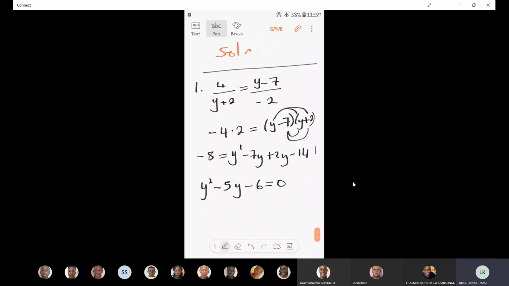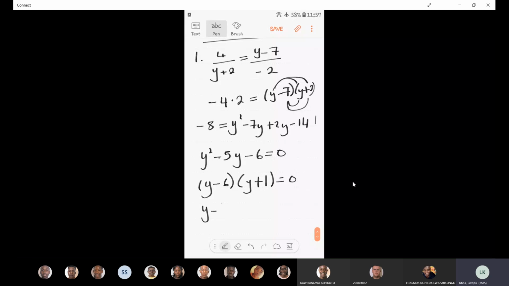Then this one, can it be factorized? Look for two numbers that when you multiply them, the answer is negative 6, and when you add them, the answer is negative 5. And those two numbers are negative 6 and positive 1. So you'll have here y minus 6, y plus 1, and this is equal to 0.